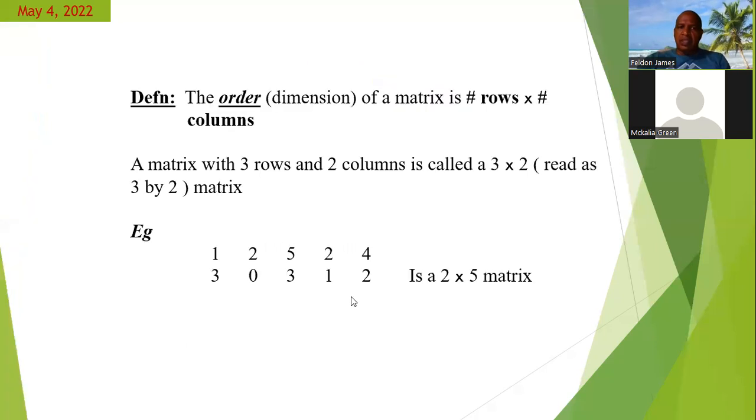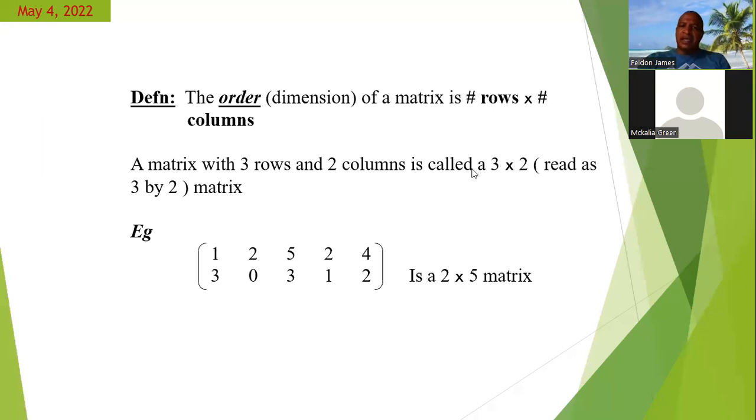Now, we talk about the order of a matrix. The order of a matrix simply defines how many rows and how many columns a matrix has. So when we say what is the order of a matrix, what we want you to do is to count the number of rows and count the number of columns.